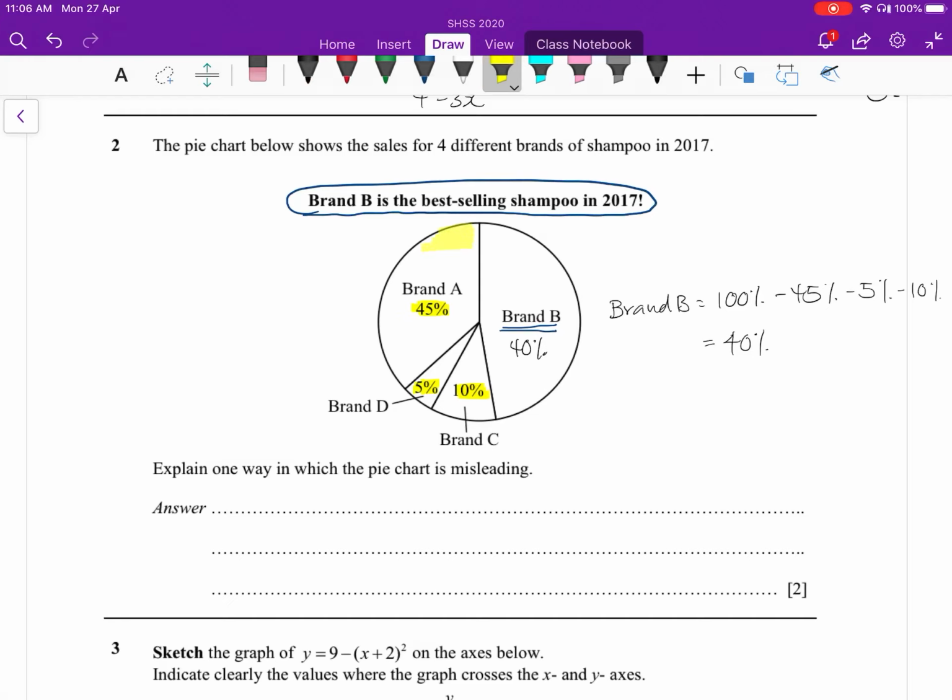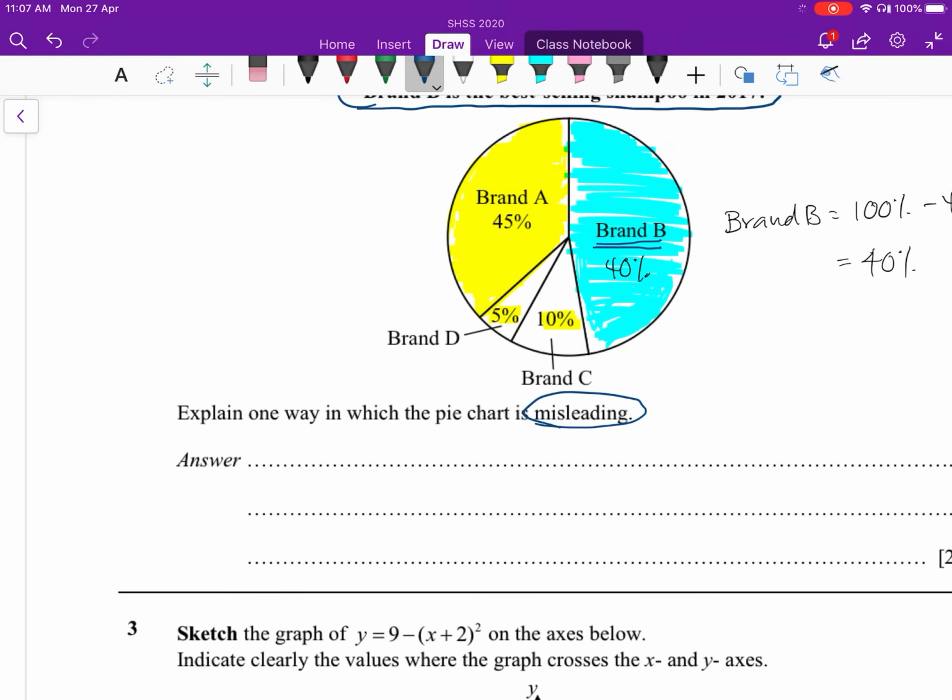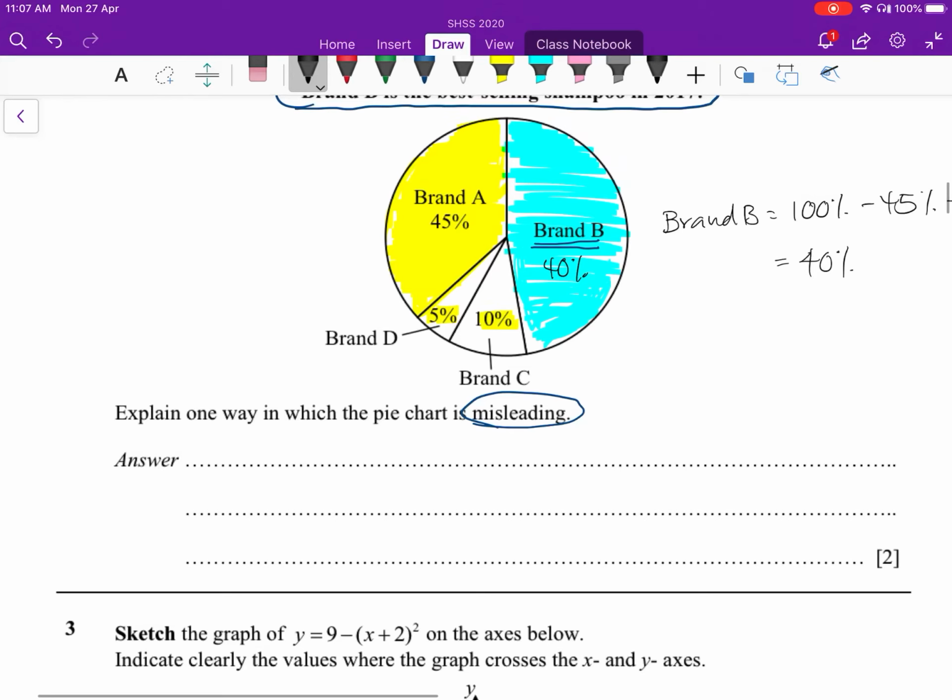Brand A 45% occupies this area, and then brand B 40% occupies such a big area. Something is wrong, right? So they are asking you not what is wrong. They are asking you explain one way which the pie chart is misleading. How is it misleading? So first you must tell them what is wrong first.